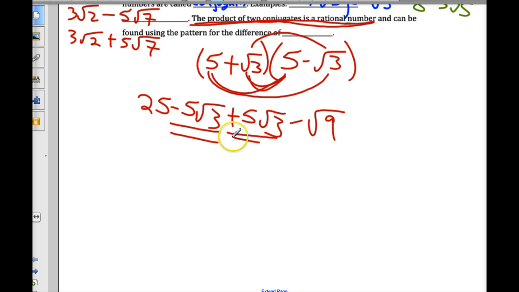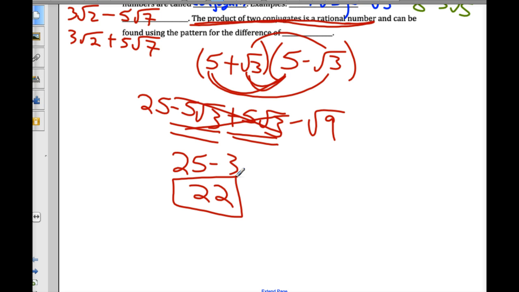Guess what negative 5 radical 3 plus 5 radical 3 is? Zero. Do not use your calculator. They're the same thing, one of them's minus, one's positive. What's the square root of 9?